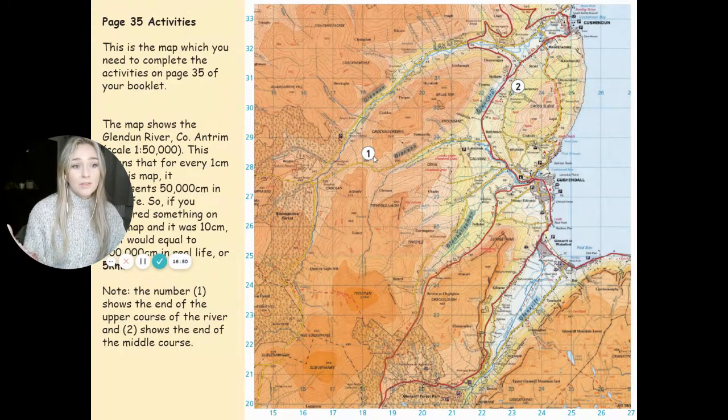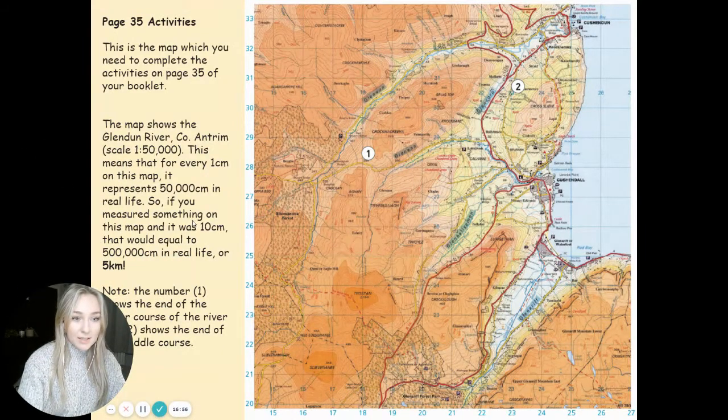Now, I don't have a ruler at home with me, but let's do it like this. Say I got my ruler and I measured that and it was 10 centimetres. That means that we have to then times the numbers on the right hand side also by 10.